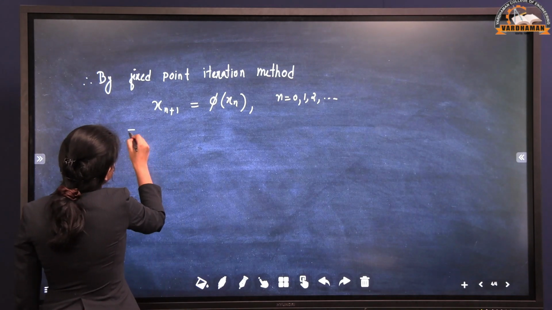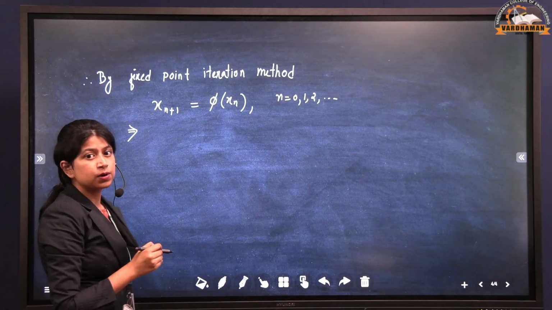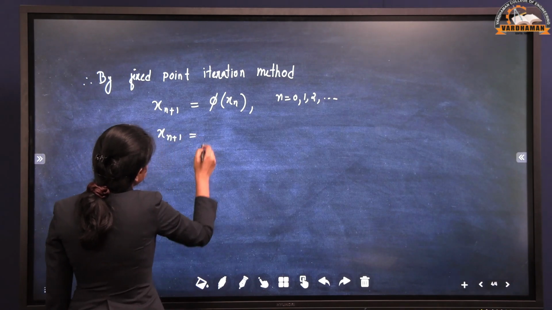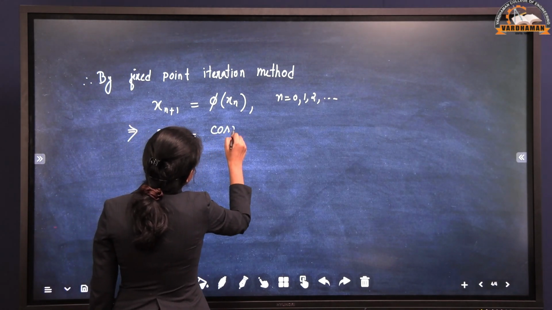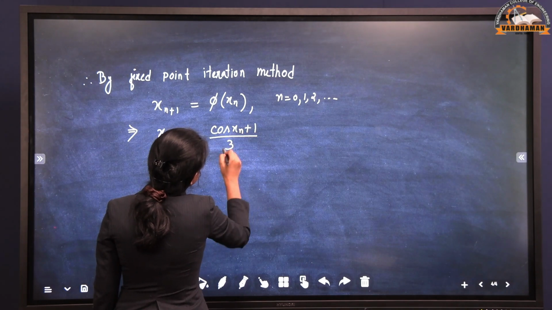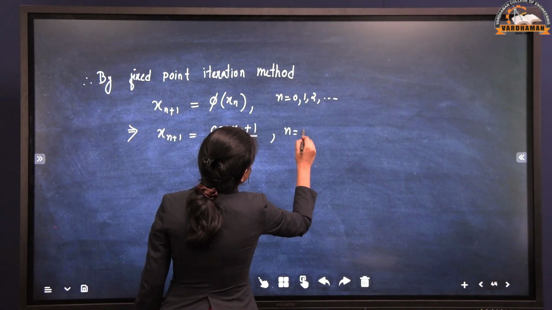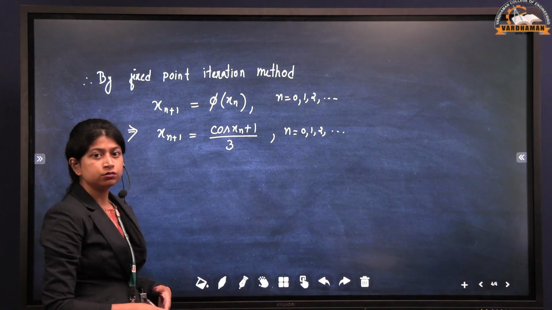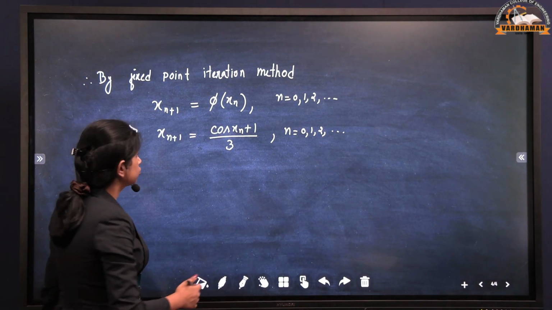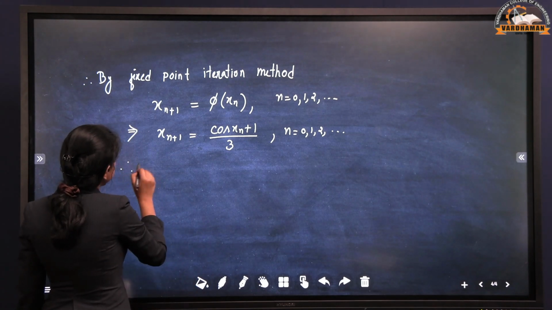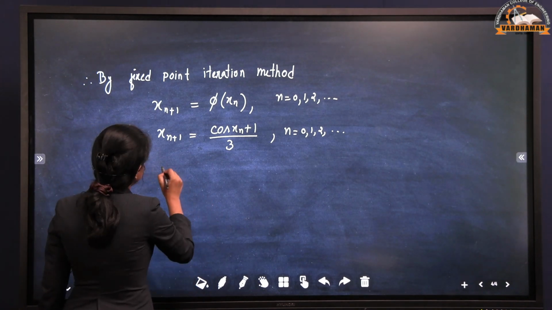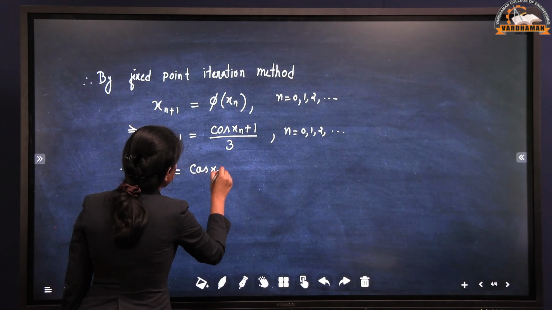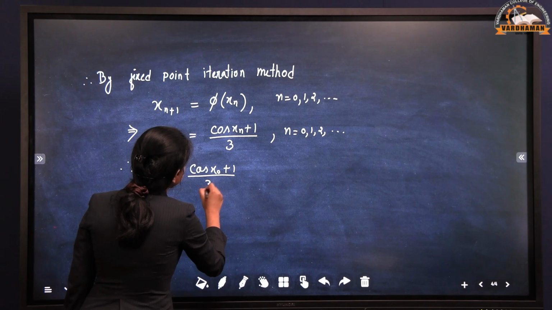So here x n plus 1 is equal to phi of x n, which is cos x n plus 1 by 3, for n equal to 0, 1, 2 and so on. Now we can put the values of n. First of all we put n equal to 0. So we will get x1 as cos of x naught plus 1 by 3.